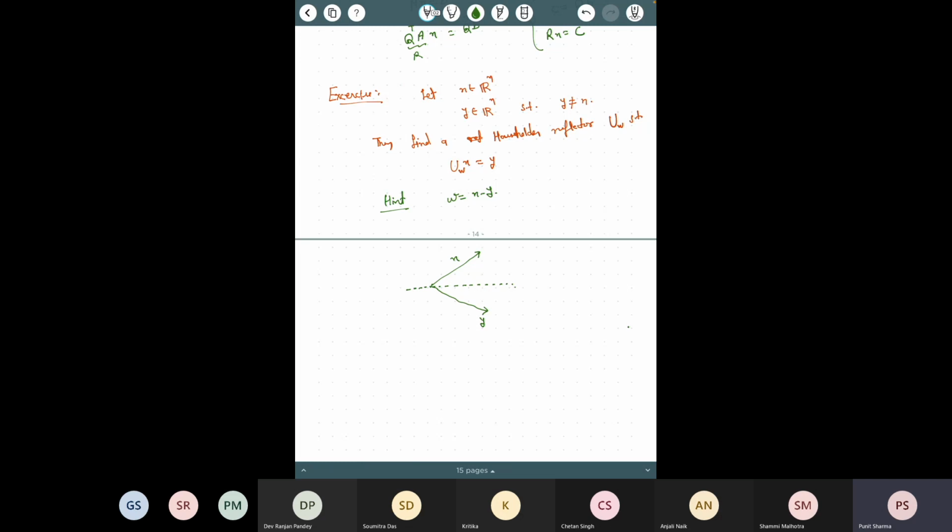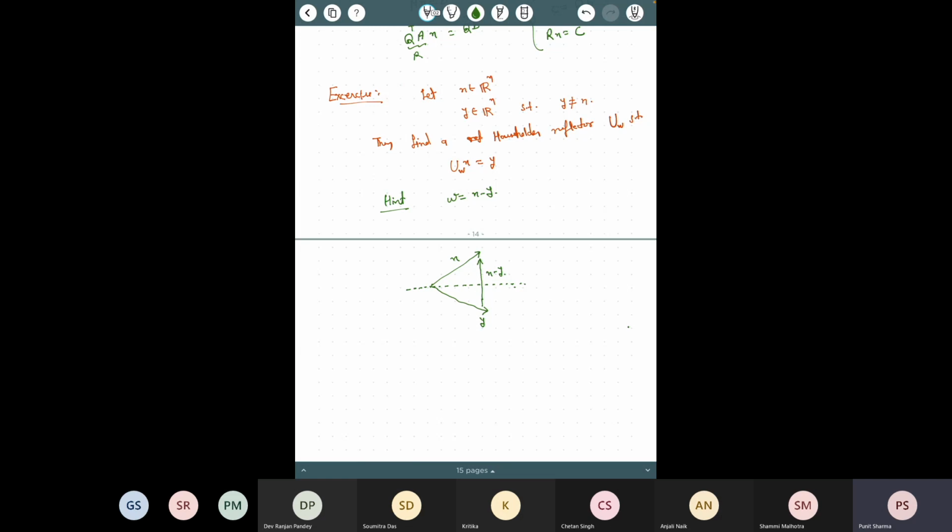W is a vector which is orthogonal to this space. If you look at this vector, it is a bisector of the angle between X and Y, and this vector is actually X minus Y.